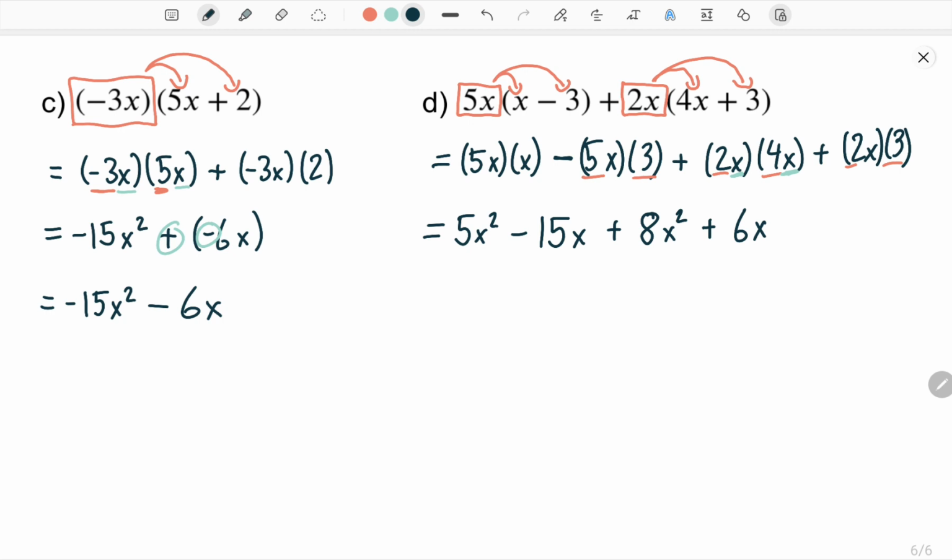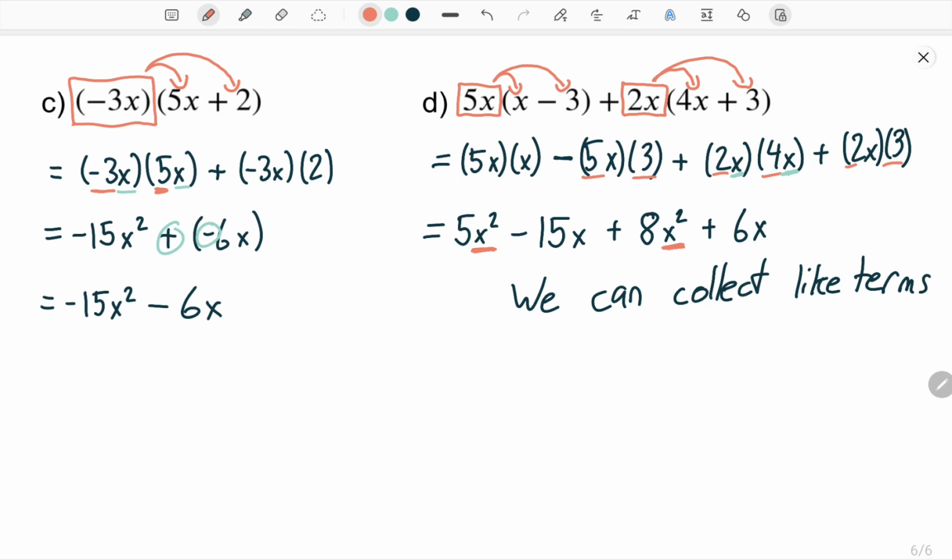All right. So in this one, we aren't actually done yet, because this is a case where we can collect like terms. The reason being is there are things that look exactly identical in terms of the variables involved. So for example, the first term has the variable x with an exponent 2. So if we want to find another like term, we need to look for something else with an x and an exponent 2.